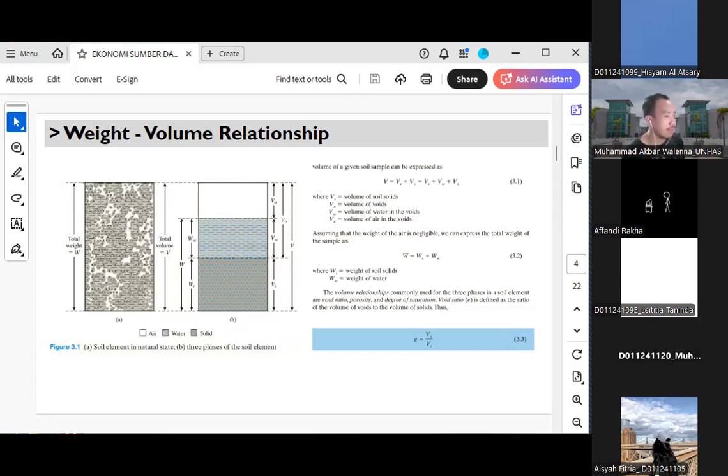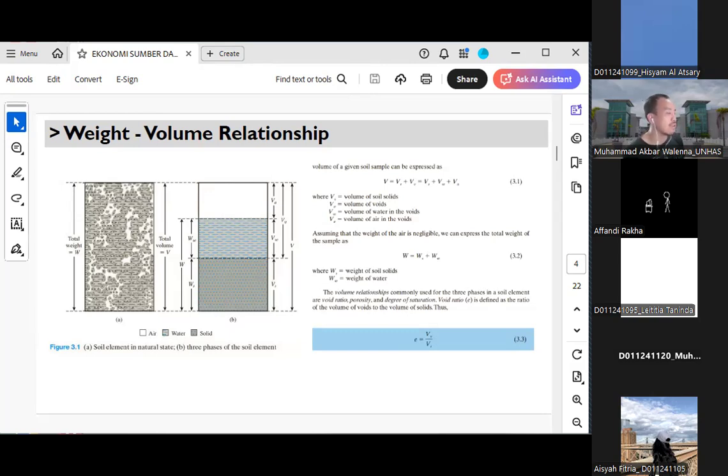So every soil sample can be thought of as having three parts: the solids, water, and air. As I mentioned before, in the three-phase system we need not have all these three elements to call a soil a soil.